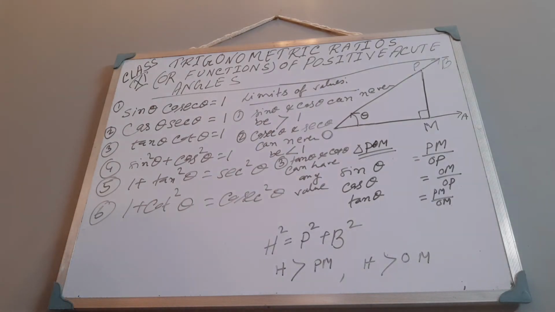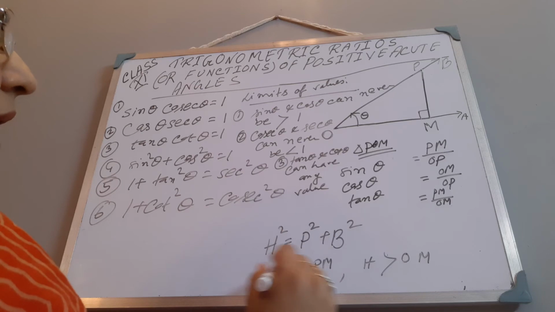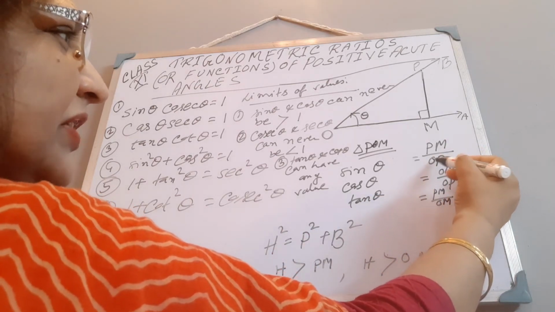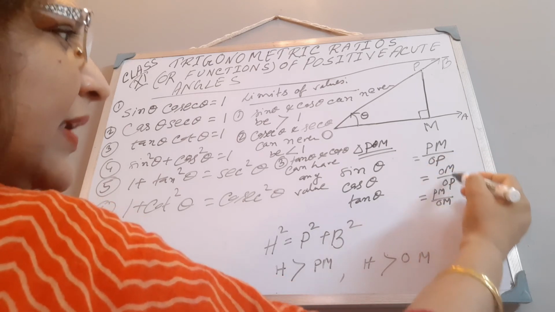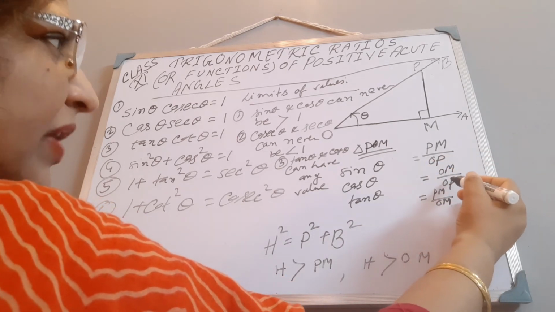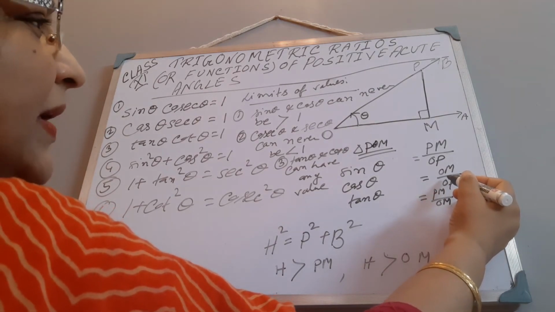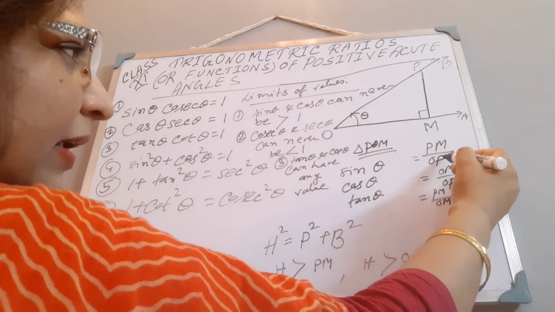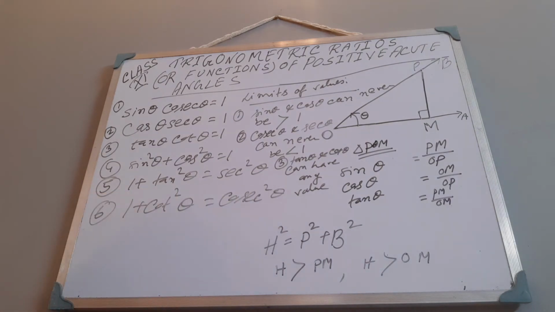Okay, since hypotenuse is always positive here, and hypotenuse OP is more than PM, that means the denominator part is more than the numerator, more than 1. Here also denominator part more than 1. That means sin theta and cos theta can never be greater than 1.